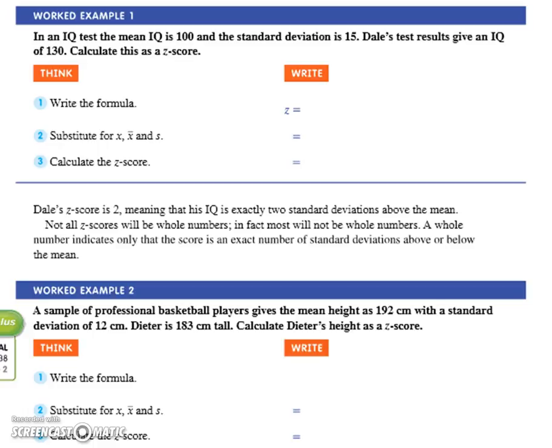So, you need 3 bits of information, but the first thing you need is to write down the formula. Hannah, what do we do next? Excellent.